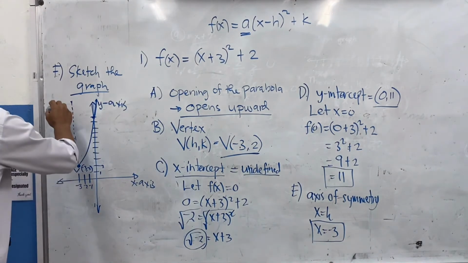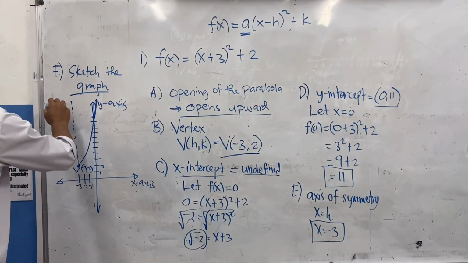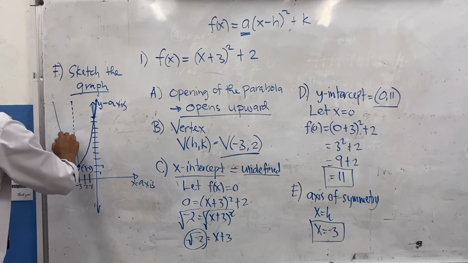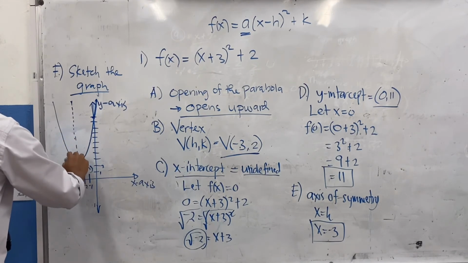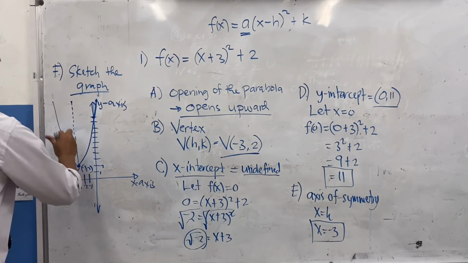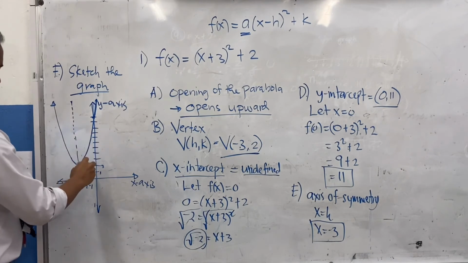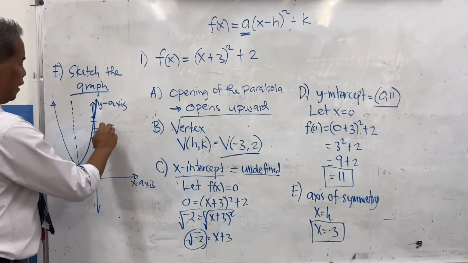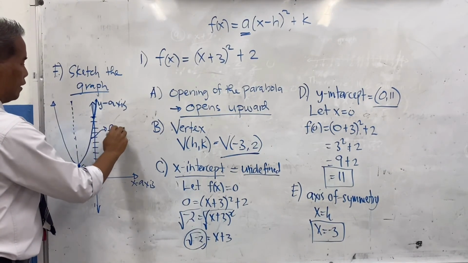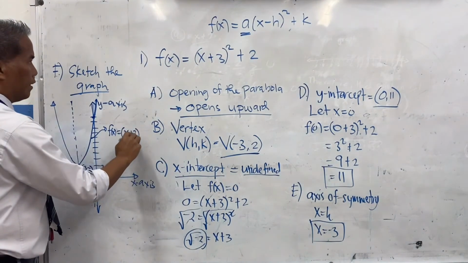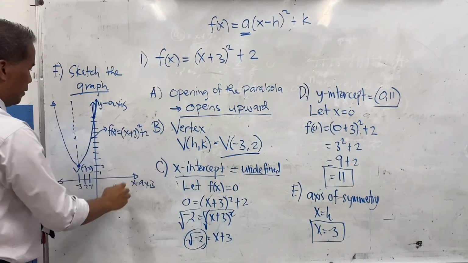So the graph will form like this. Okay. So this is now the graph of f of x equals x plus 3 squared plus 2.